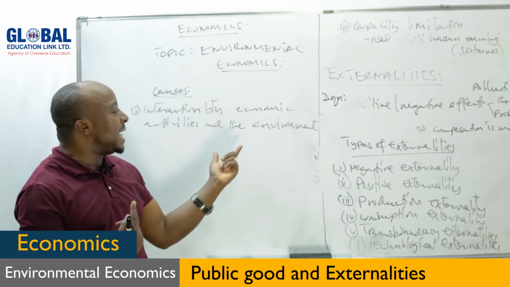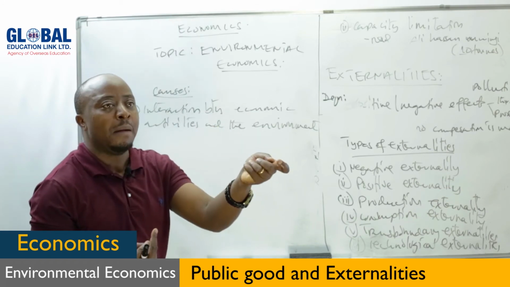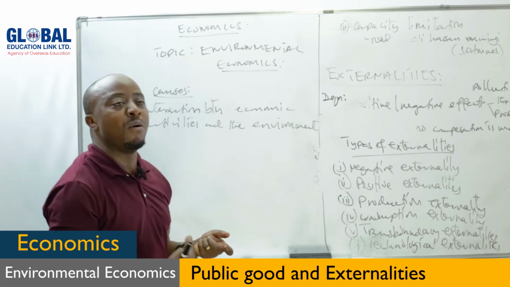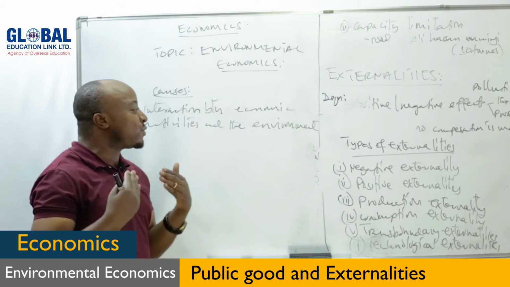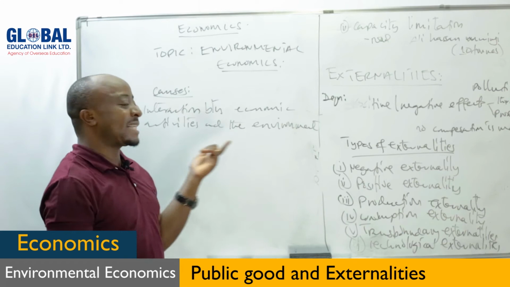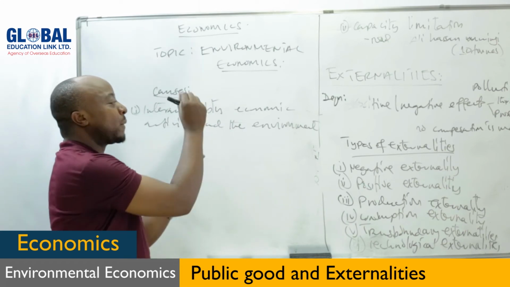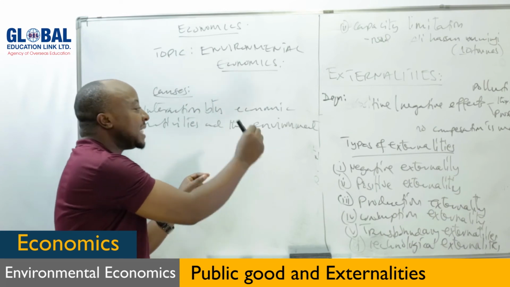It means we depend on resources from the environment, but after utilizing those resources, they are returned back to the environment in the form of waste. Now, when we dump that waste into the environment, it is an externality. The reason is that there is a direct link between production or activities and the environment.